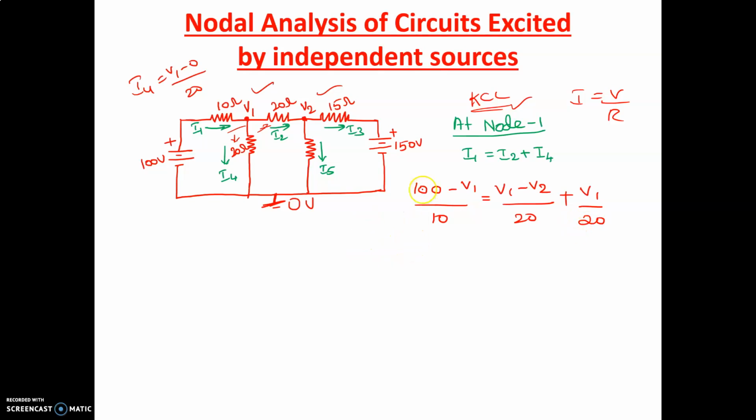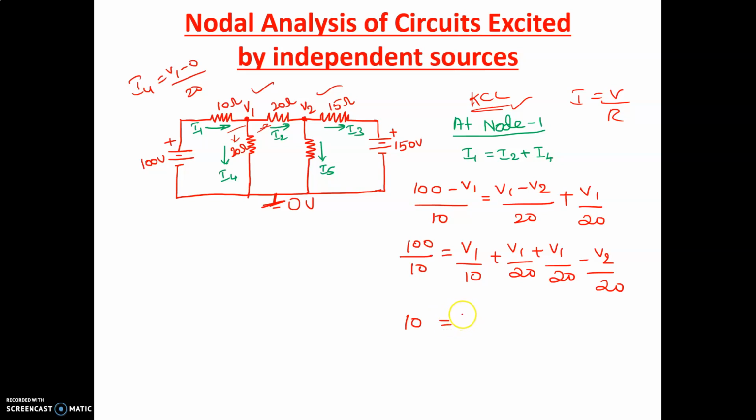Simplifying this, keeping 100 by 10 alone on this side and bringing the remaining terms to the right hand side, the equation becomes V1 by 10 plus V1 by 20 plus V1 by 20 minus V2 by 20, which is equal to 10.